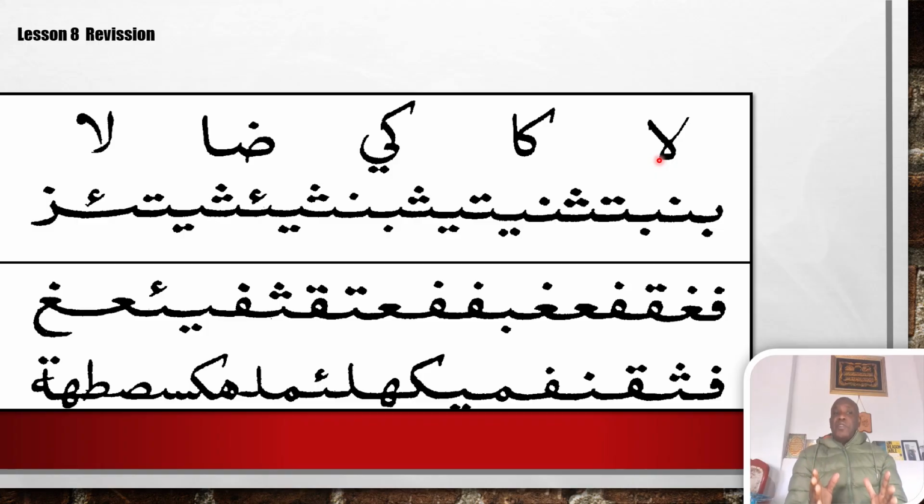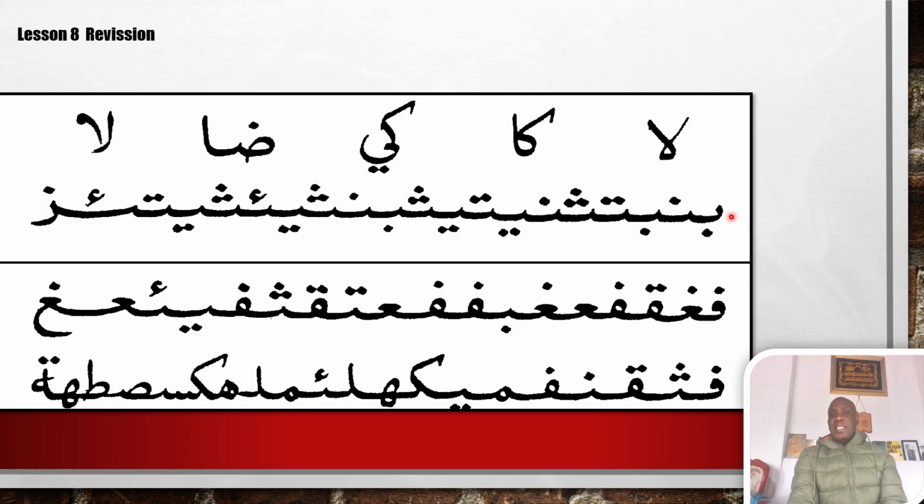Now, for the sake of this lesson number 8, because it's a revision, we want to show you how these letters will appear if you meet them in a series of letters, especially in the Quran, and how they appear in those places. So we're going to go through these series of connected long letters here.